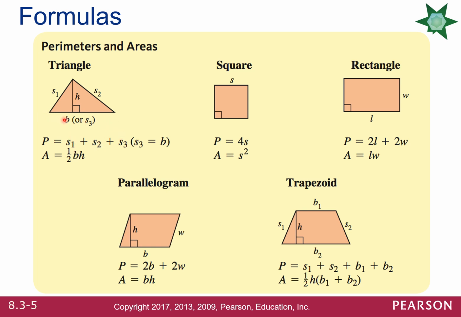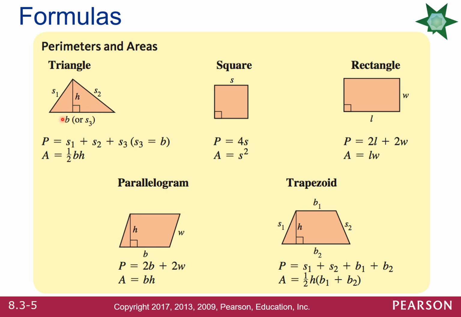Now, the side on which the triangle is standing is referred to as the base and denoted by the letter B. In this case, side S3 is also the base of this triangle. To find the area, we have to always look at the height of the figure. S1 is not the height because it's a straight line, but it's not perpendicular to the base. The height always has to be perpendicular, meaning at right angles to the base.